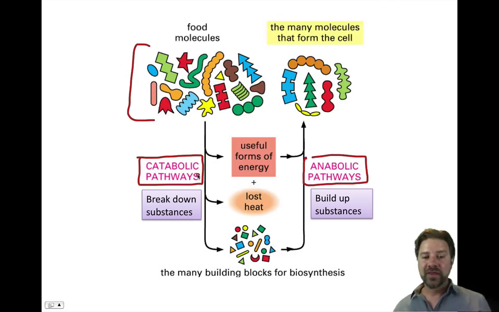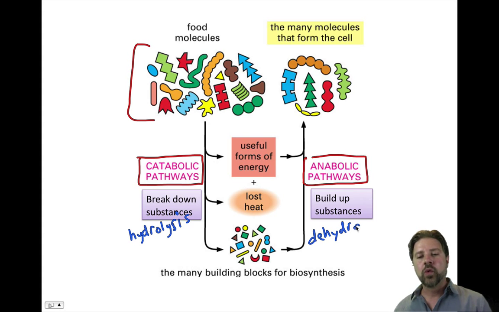For this to happen, we said that it needs to be broken down with the help of water. So hydrolysis is going to make this happen here, which are our catabolic pathways. And then to build those things back up, we're going to need dehydration or condensation reactions to happen. We pull the water back out and that builds things up.